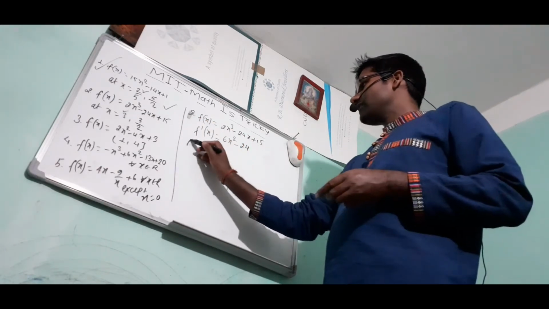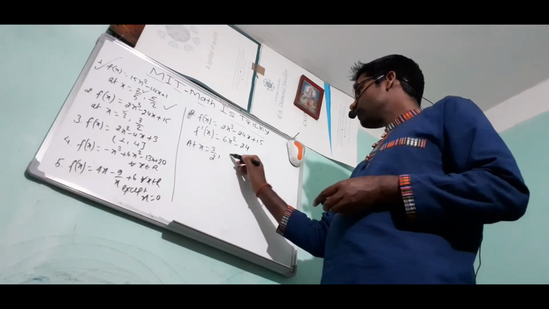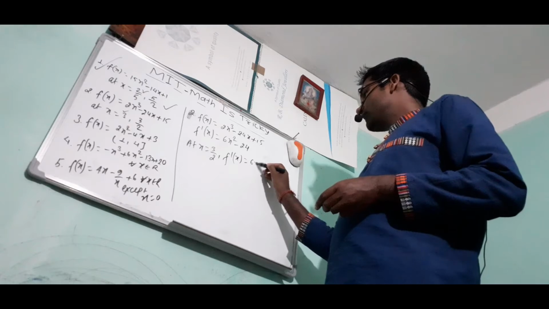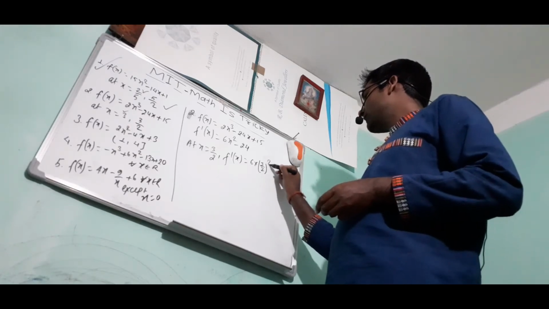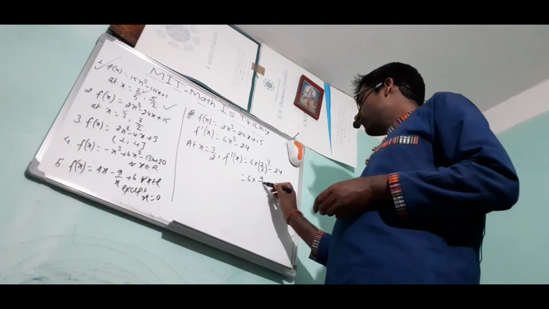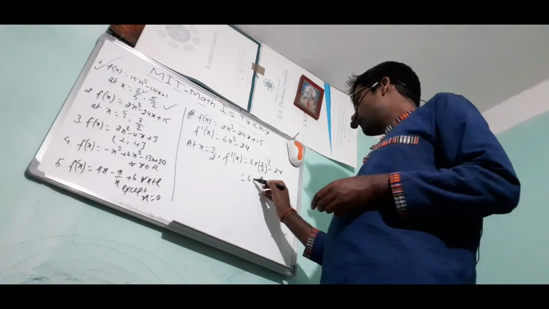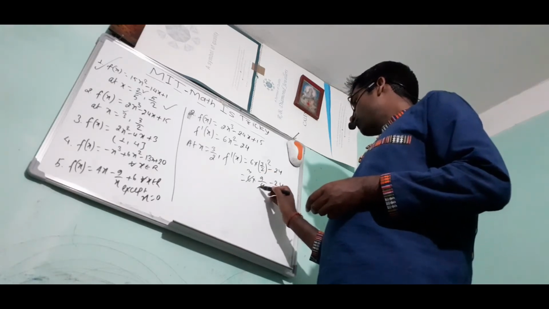So we have done it for the first point. Let's check at x equals 3 by 2. The first derivative becomes, simply put here the value of x, so 3 by 2 whole square minus 24. By simplification we'll get here 9 by 4 minus 24. So we can cancel these 2 3s and 2 2s.